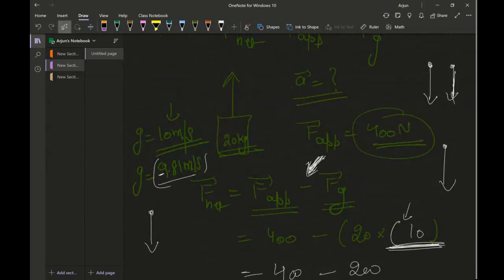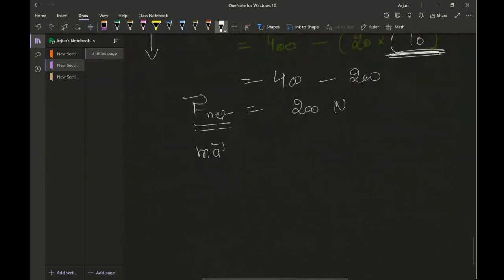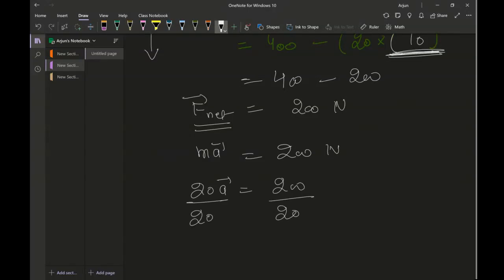Because I want to find out the acceleration with which the object is moving. So mass times acceleration is equal to 200 Newton. The mass of the object is 20 kgs. Acceleration equals 200, dividing both sides by 20. So acceleration will come out to be 10 meters per second squared.